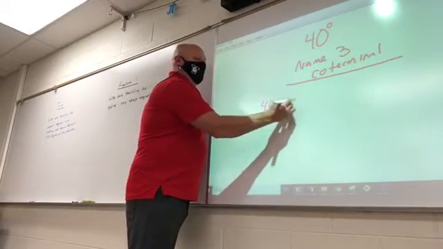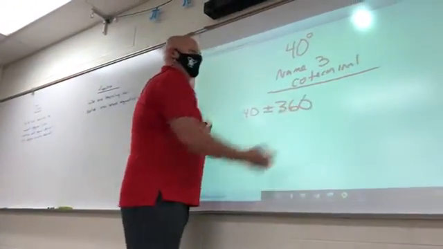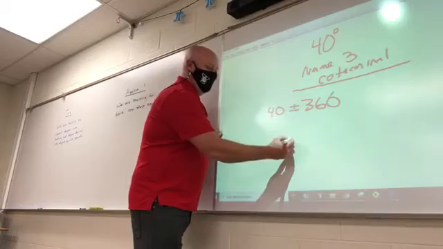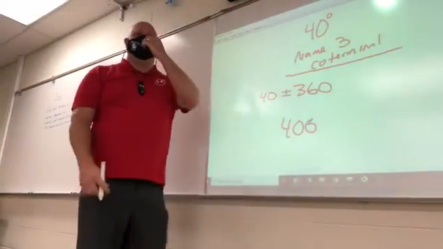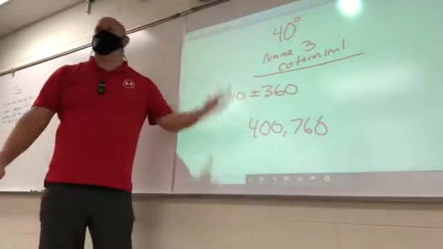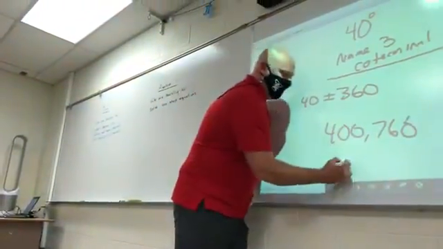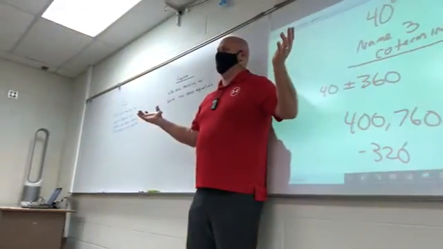You just simply add or subtract what? 360. So what are some coterminal angles? 400, because 40 plus 360 would be 400. What's a 760? What's a negative one? Negative 320. Those are some coterminal angles, yes?